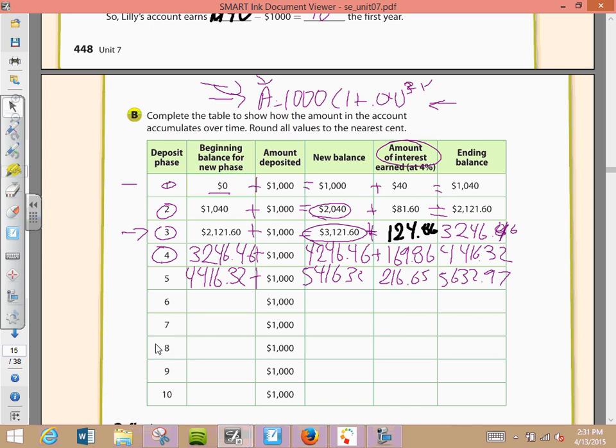How much interest have we earned after the third year?